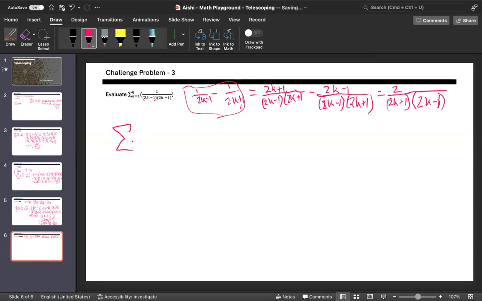sigma from 1 to 9, let's see, we can make this as half of 1 by 2k minus 1 minus 1 by 2k plus 1.